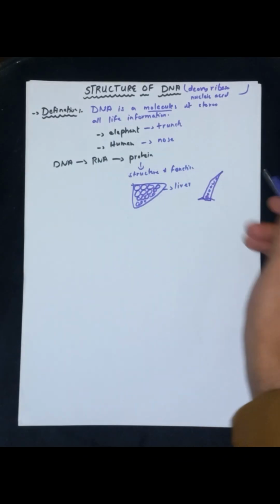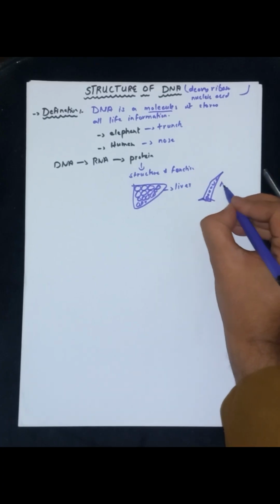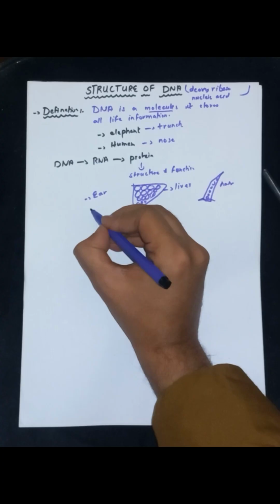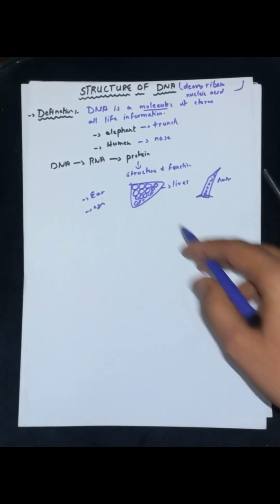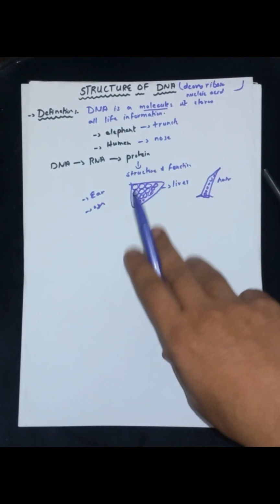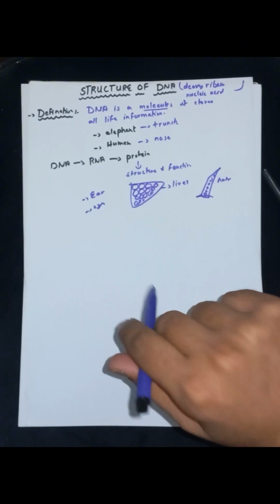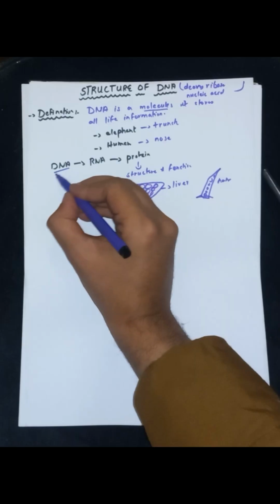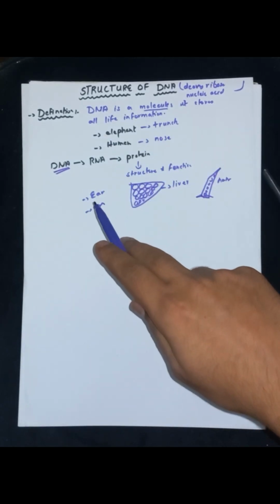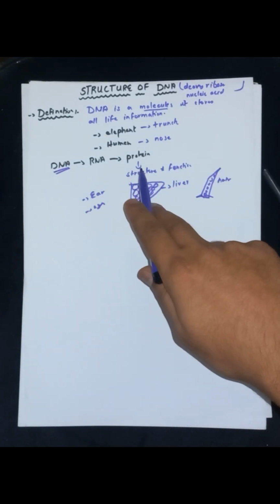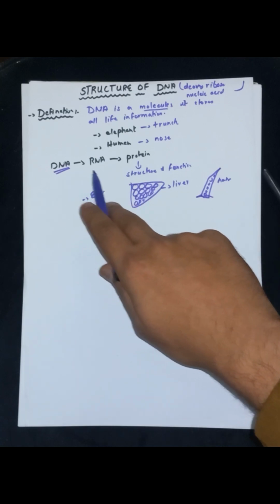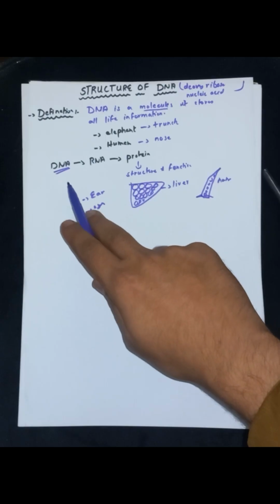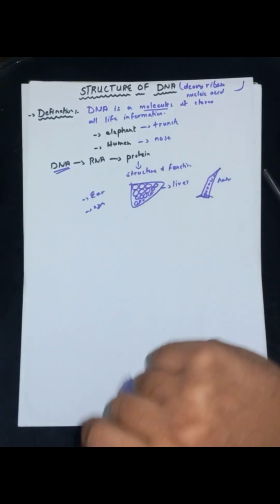All these things like liver, hair, ears, eyes, all the information of every organ and every structure of a human body is stored within DNA, and DNA is transcribed into RNA and makes protein. Not a single protein is formed from DNA, different types of proteins are formed.